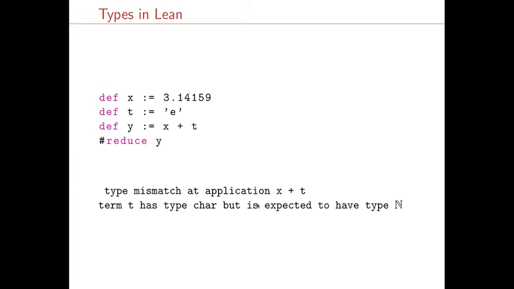The reason for this is unknown to me, and it's not important for this example. What happens is that Lean looks at this plus here and refuses to add a character, the character e, to something because it is expecting a natural number instead of a character.